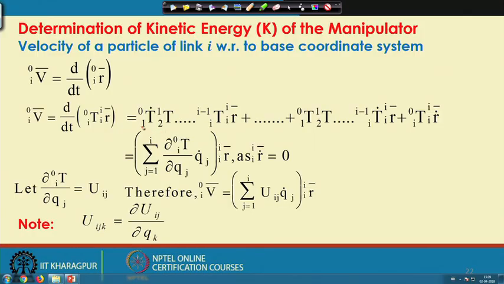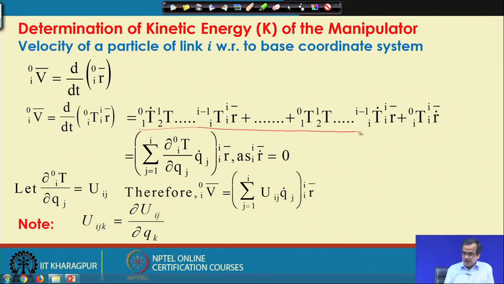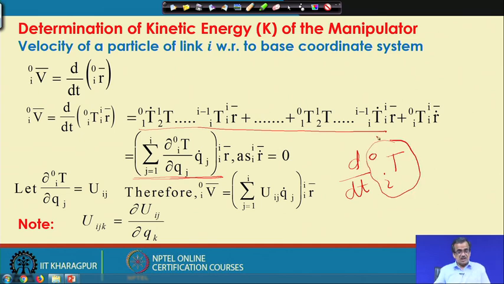Now, here actually what we do is, if you can see, this particular term can be written like this in a short form. Now, if you concentrate on this, that is d/dt, the derivative with respect to time of T_i with respect to 0. So, this is nothing but the transformation matrix.